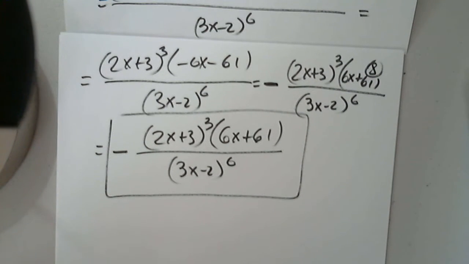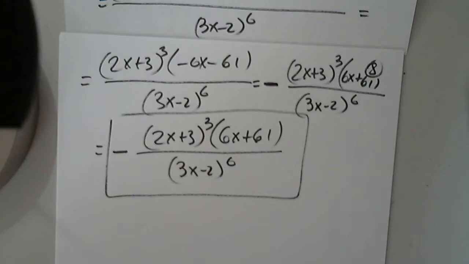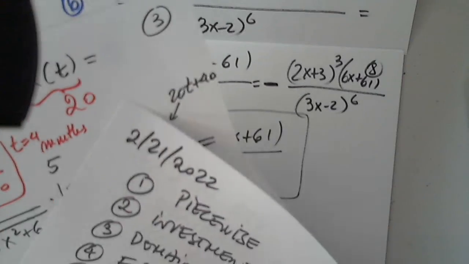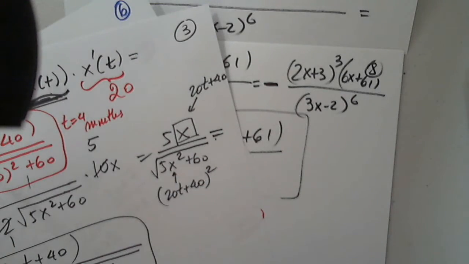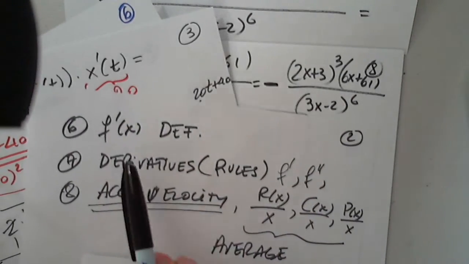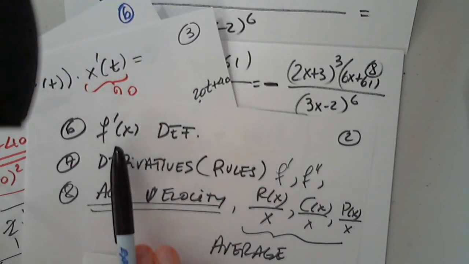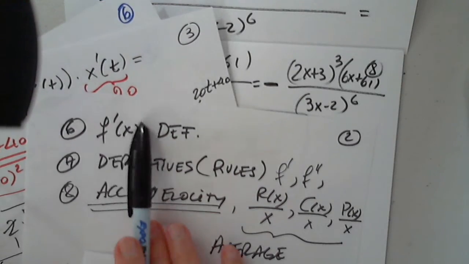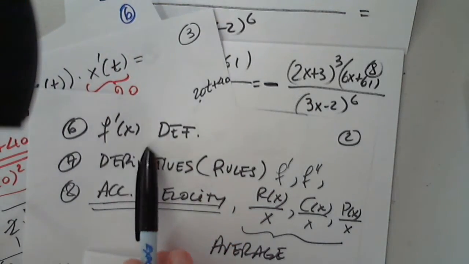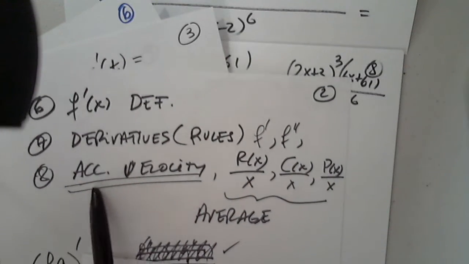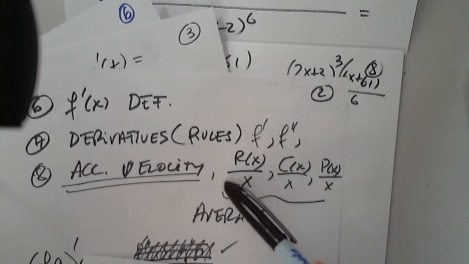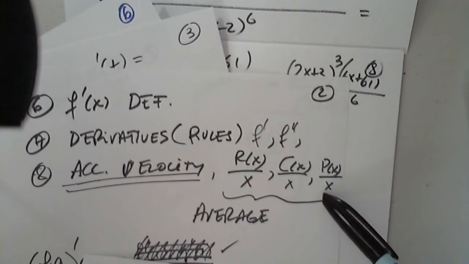Good question. Anything else you would like to talk about? The definition of the derivative? Do we know how to find f prime with the definition, which is the limit of the difference quotient? This we reviewed. This is clear. These are just averages. These are functions that we need to differentiate.